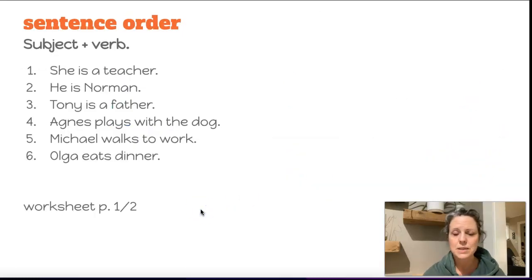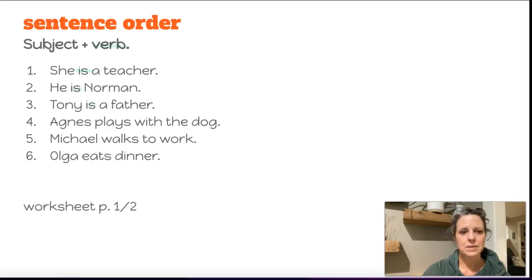All right, so sentence order. We have a subject plus a verb. We have talked a little bit about sentence order, so let's just look at this quickly. She is a teacher. Is the verb. Let's highlight the verbs. Okay, she is. He is.